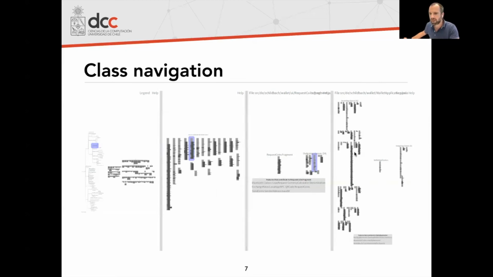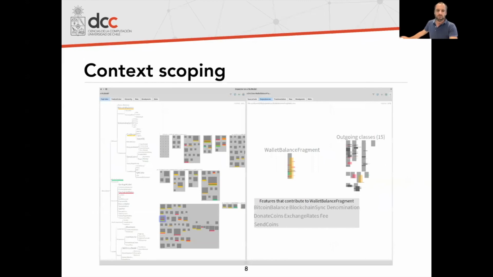I can click on that class and get a similar visualization, where I can navigate through the import links between the classes. There are also multiple ways to set a context. In the main visualization, I can select some features, and each feature gets a defined color. When I navigate through the system, those colors are kept to mark the original feature and how they impact through the navigation.